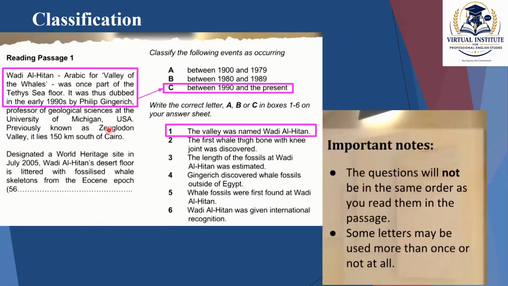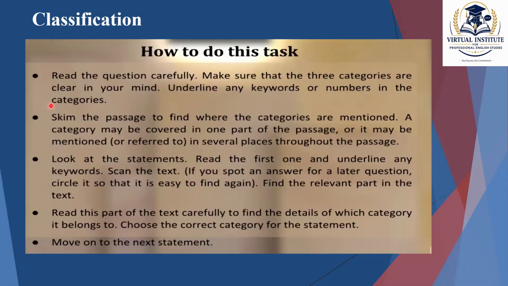As we have seen here, we have seen the 1900s, and then we have also seen Wadi al-Hitan here, right? So you can scan or skim and find wherever the information is located, then underline it and read it in context.